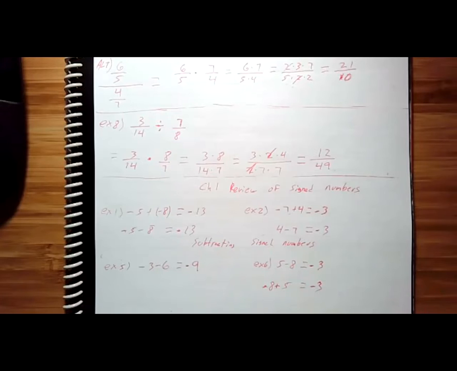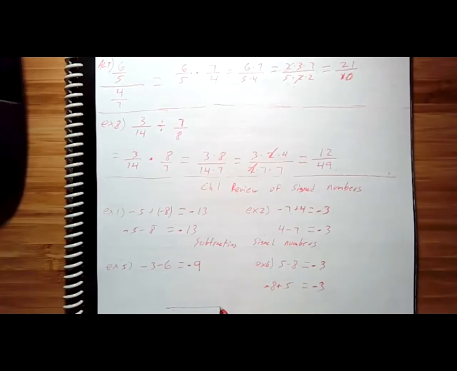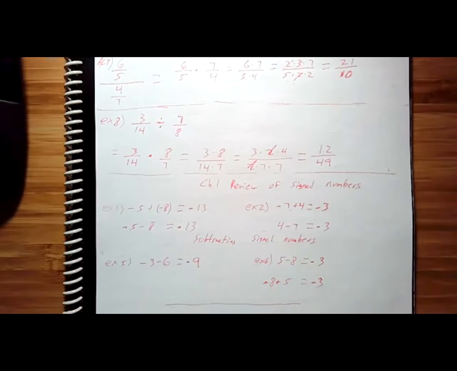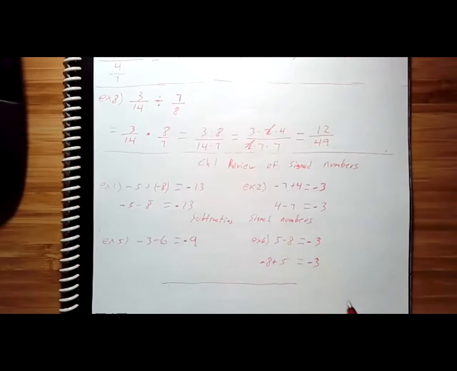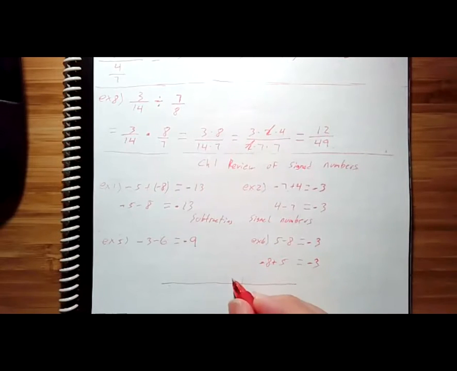Now you can also do number lines if you like. For people who struggle a lot with the signs, the first thing I ask them to do is start with a number line. Let's do this one. It's a little smaller. So if I have -3, right? So there's 0. -1, -2, -3.